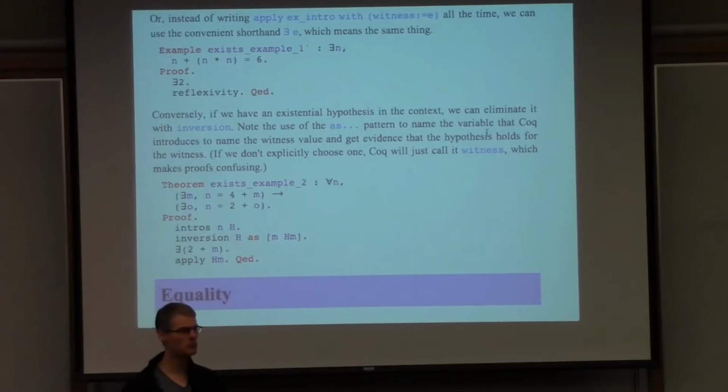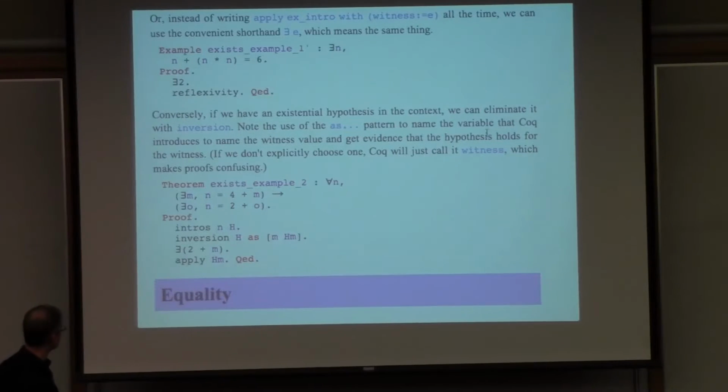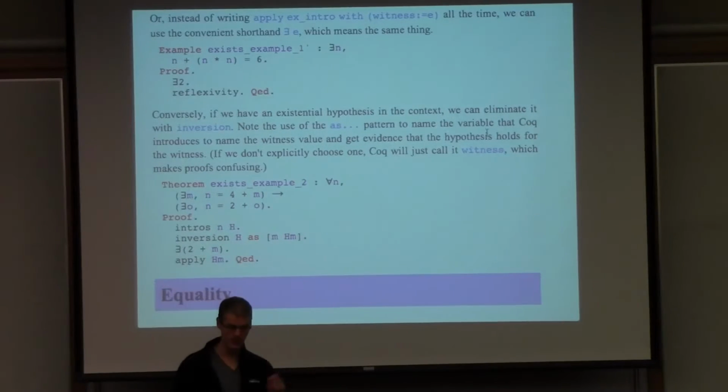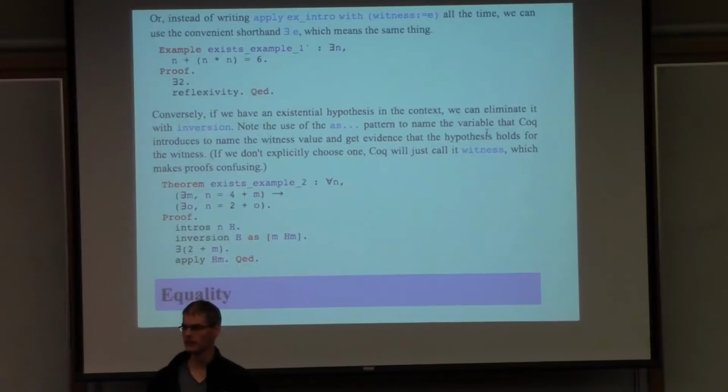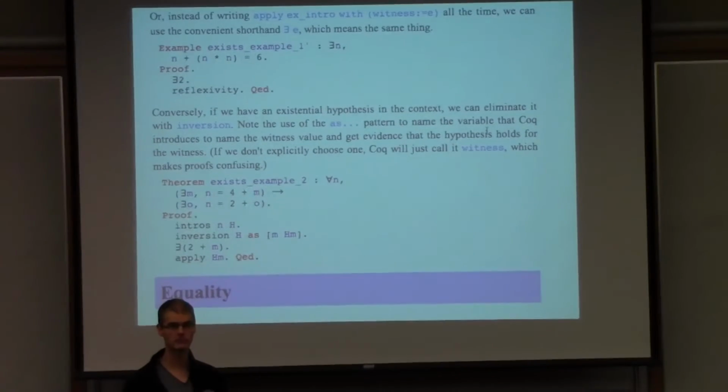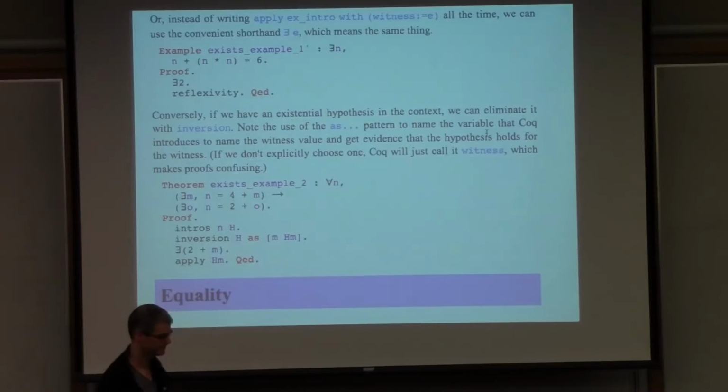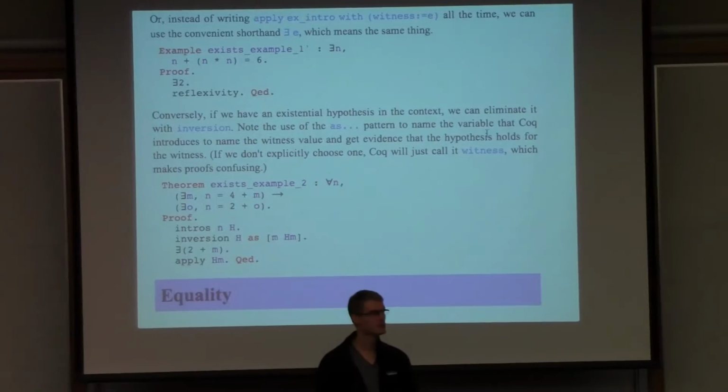Usually, having it named witness is kind of awkward. So this is a case where I always use the as variant of inversion to explicitly choose the name of the variable that's going to be the witness. Okay?